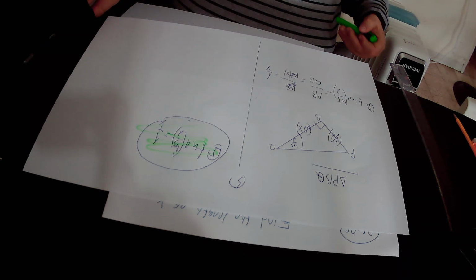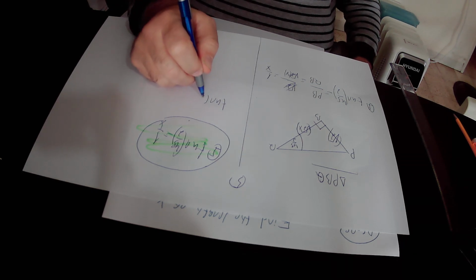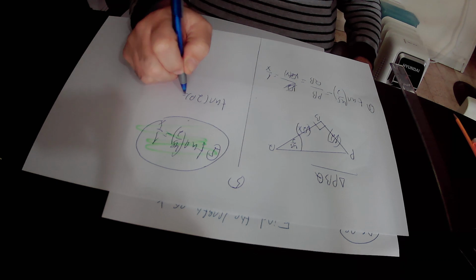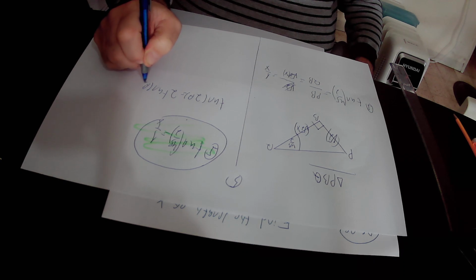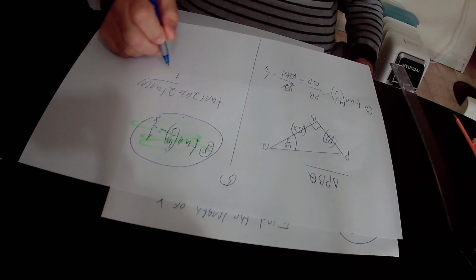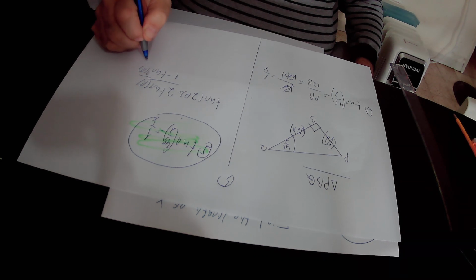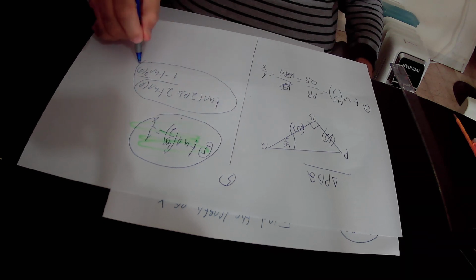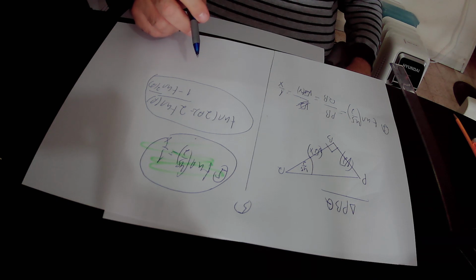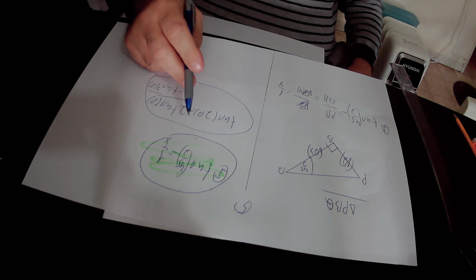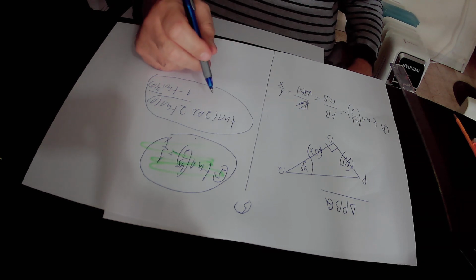We also have the trigonometric identity that states that tangent 2 theta equals 2 times tangent theta over 1 minus tangent square theta. We will define angle 45 over 2 degrees, which is actually 22.5 degrees, as theta.